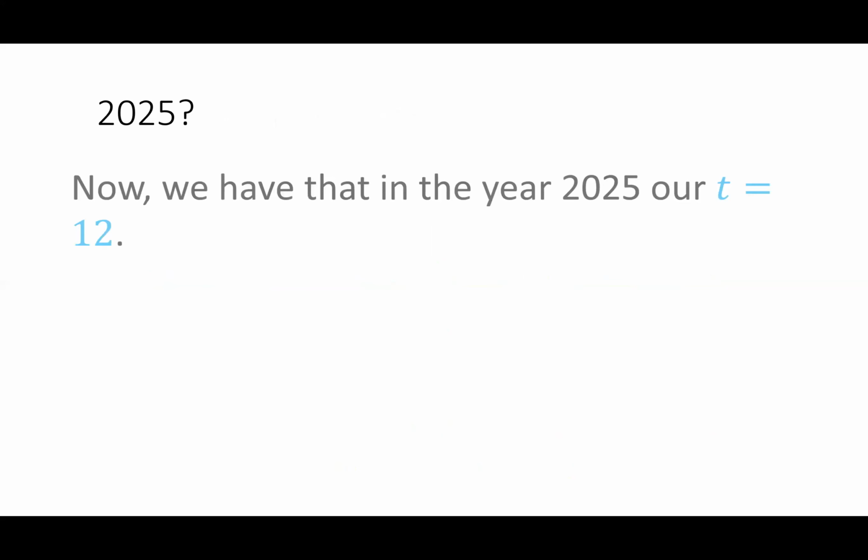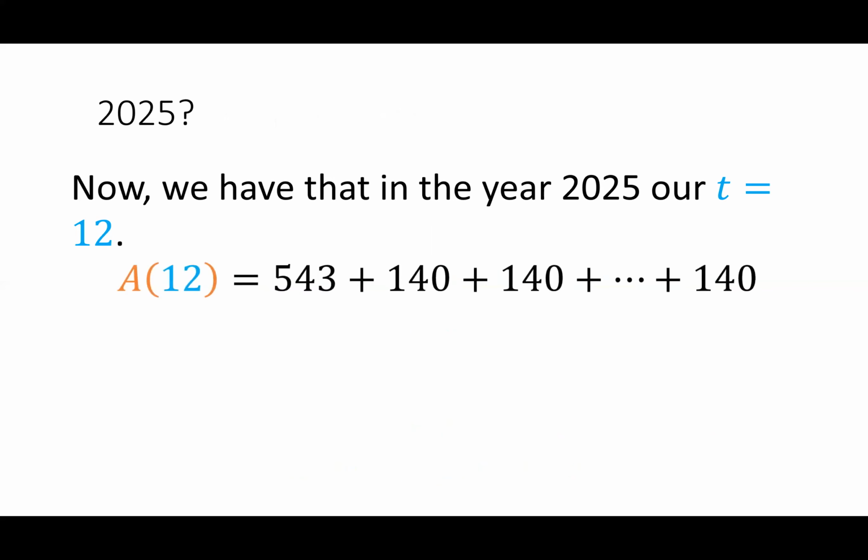Now 2025, that was what the question was initially asking. We wanted to know how many pounds of coal ash there was in the river, particularly in 2025. So now what we're basically saying is we want to find what happens when t is equal to 12. So I'm going to start with 543 pounds, and I'm going to add 140 pounds 12 times.